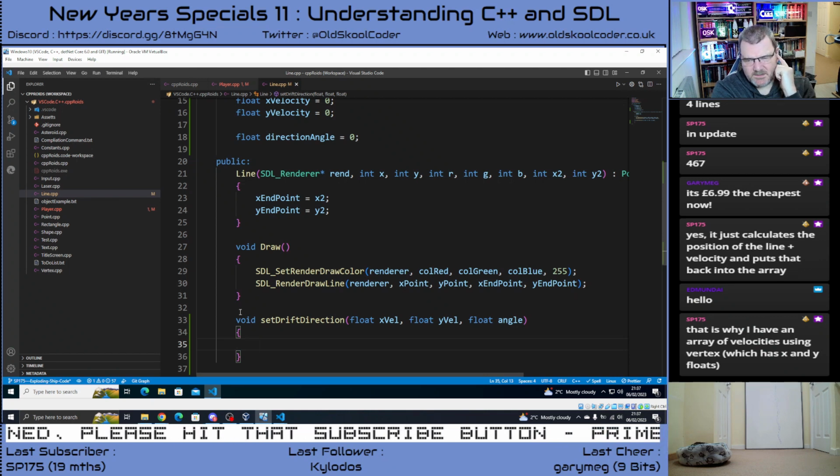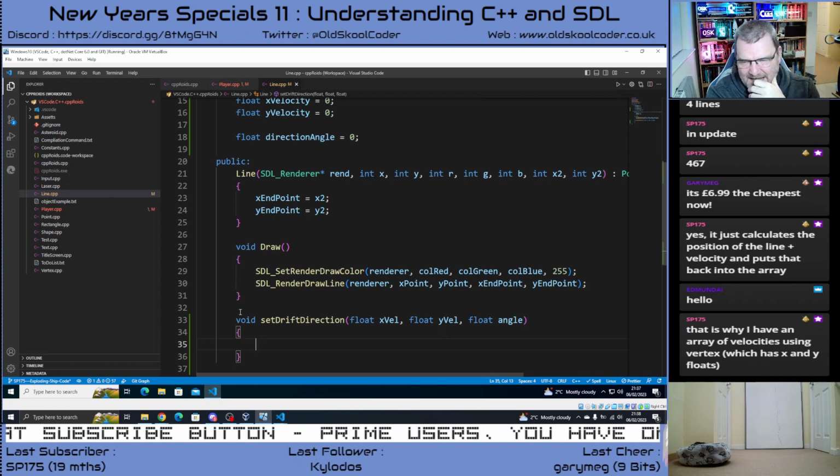We'll work out the x and y velocities outside, and the angle is something we're going to be working out as well. Hang on. What am I doing?